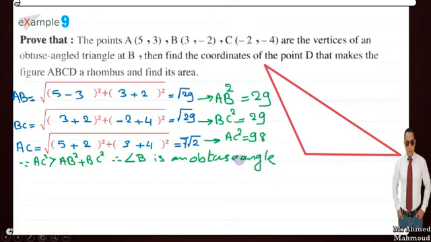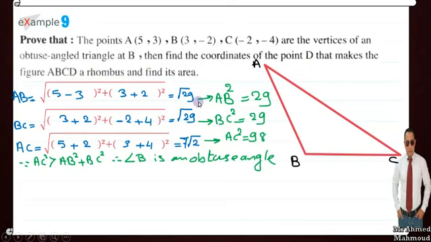Okay, now I will call the points like this: A, B, and C. Here point B, here point A, here point C. Okay, now after the proof, find the coordinates of D that makes ABCD a rhombus and find its area.